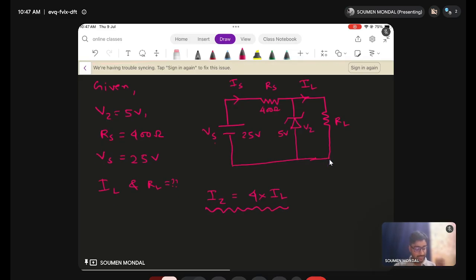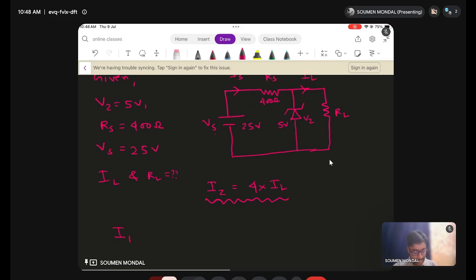Then it is very easy to calculate. I can simply write the load current IL as, since the Zener breakdown is occurring, Vz by RL. So it is our case 1, where the Zener diode is acting like a battery of voltage Vz.